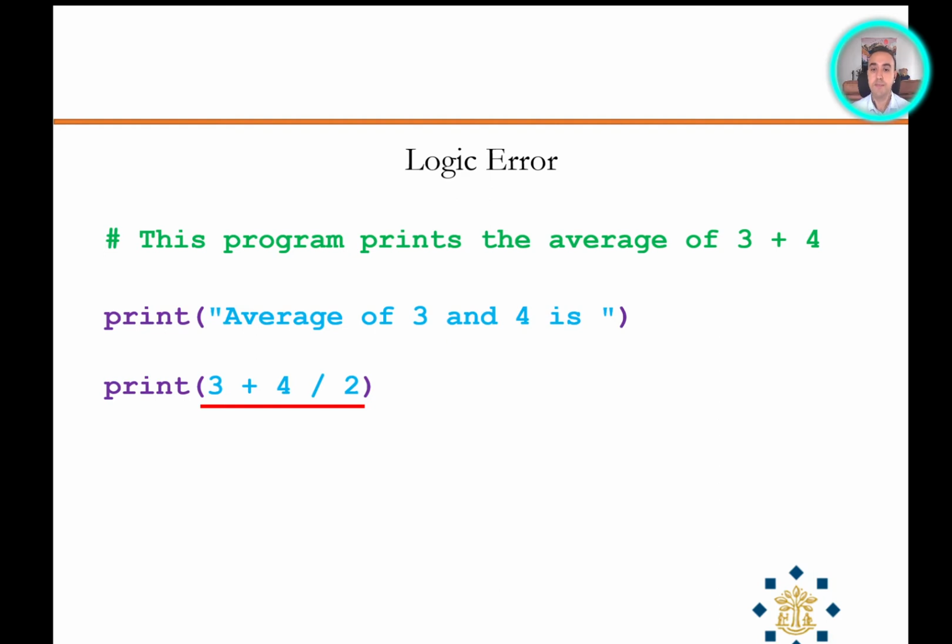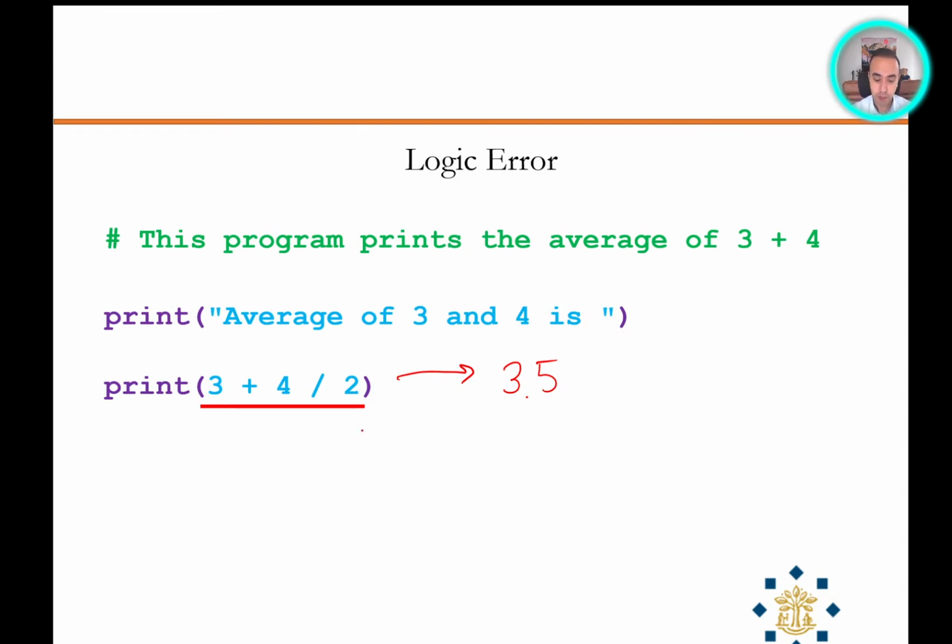But this was a logic error, because the logic of this program is that it prints the average of 3 plus 4. The average of 3 and 4 is what we have here, 3 plus 4 divided by 2. Although this is supposed to print 3.5, it does not.